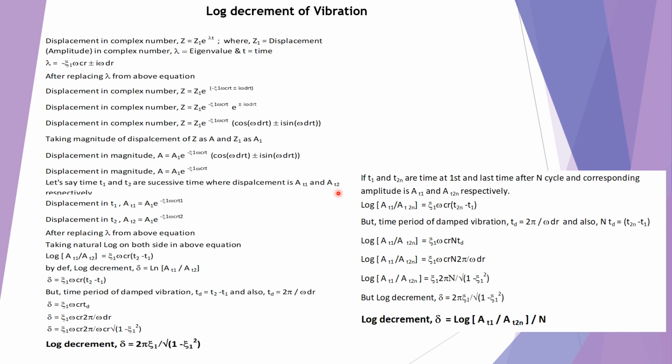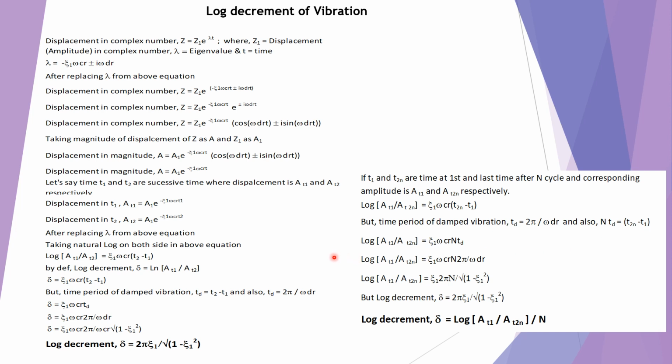So if T1 and T2n are the times at the first and last, after n cycles, and the corresponding amplitudes are A(T1) and A(T2n) respectively, then log or natural ln, both are the same here. So ln A(T1) upon A(T2n) is equal to zeta1 omega_cr (T2n minus T1). The time period can be written as Td is equal to 2 pi upon omega_dr, and n into Td is equal to T2n minus T1.